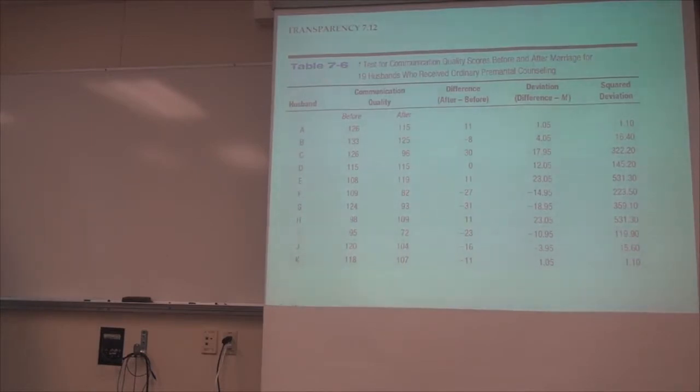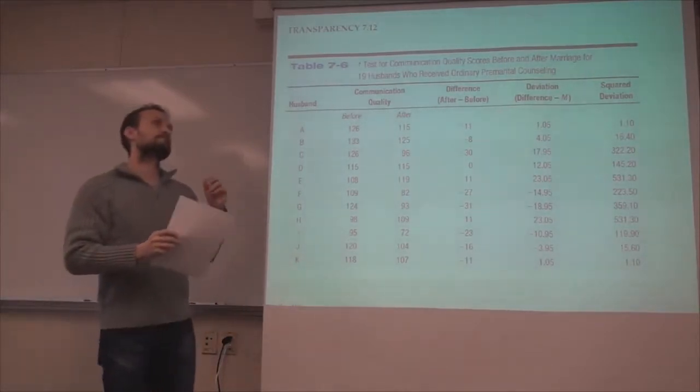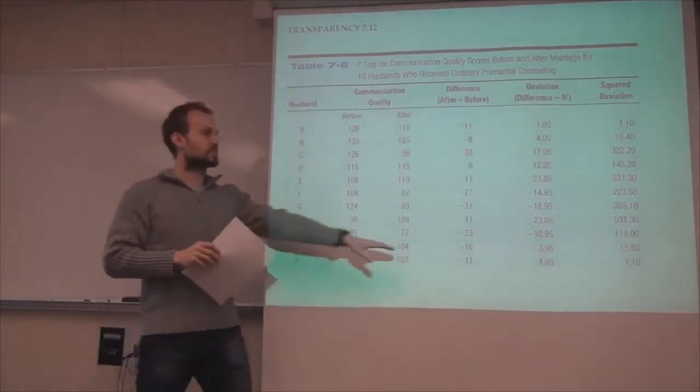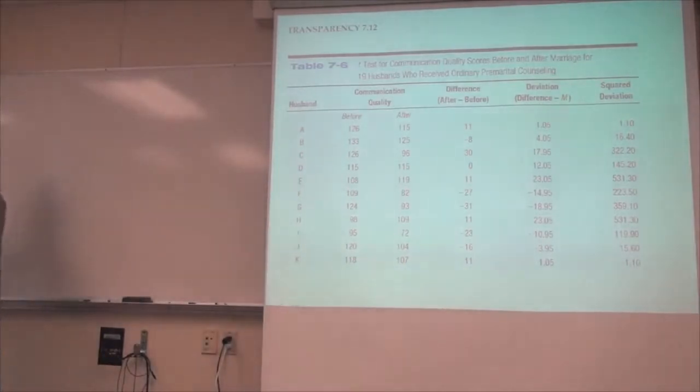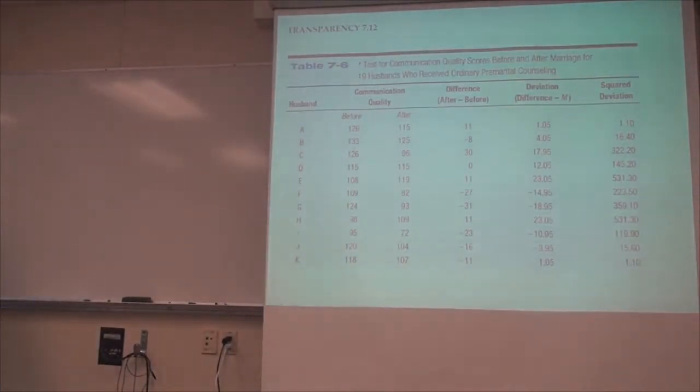Is it extreme enough to suggest that the population mean of differences is not zero, meaning that there is a change before and after? So everything's differences. I really only have one set of sample values, mixing the before and after differences, so I only have one set to look at. And then you're comparing them to the mean of all differences.